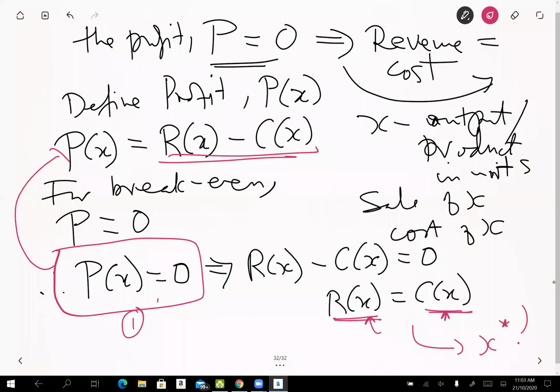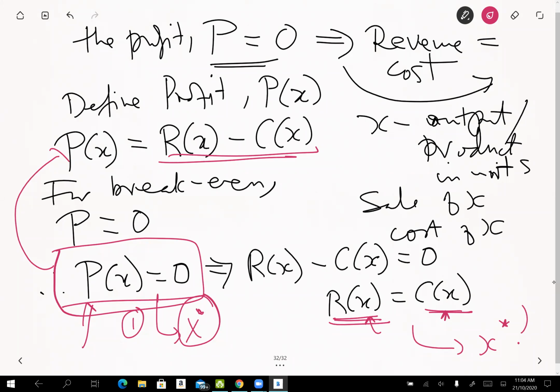So there are two ways of doing it. It's up to you which one you like. But if you just want to determine break even, I prefer the direct method. You get the revenue minus the cost, which is the profit, and then go from there. Or if you like, you can also do it from here. You get the revenue, and then you get the costs, equate them, and you also get the break-even point.